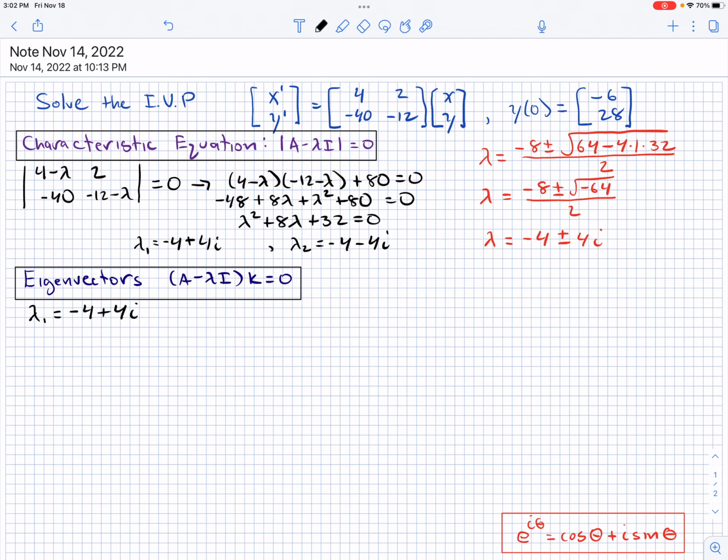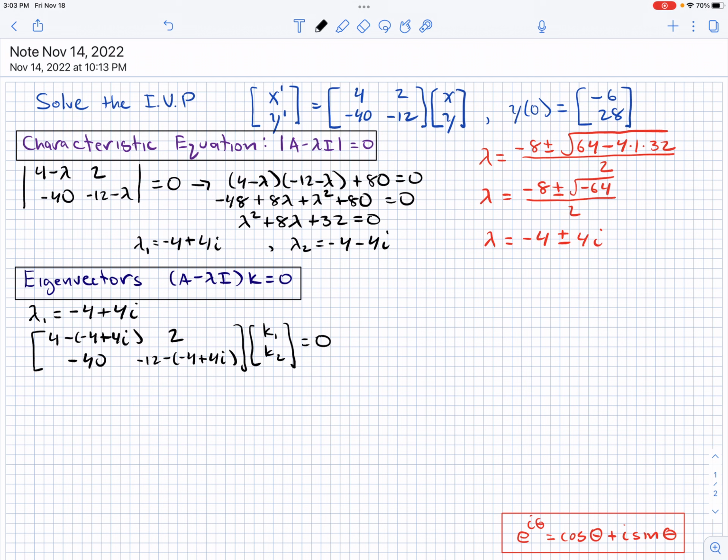And writing that out, we get 4 minus lambda, which is negative 4 plus 4i, 2, negative 40, and then negative 12 minus negative 4 plus 4i, times k sub 1, k sub 2, being equal to 0.